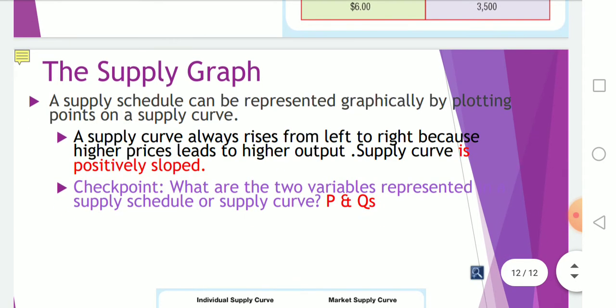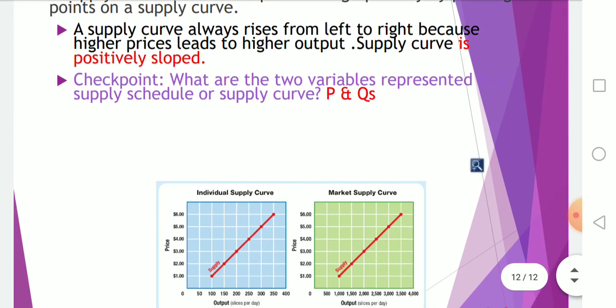So, I'm having here the supply graph. The supply schedule can be represented graphically on the supply graph, as we said before. A supply curve always rises from left to right. Why? Because higher prices lead to higher output. The supply curve is positively sloped because it goes from left to right, like this, guys.